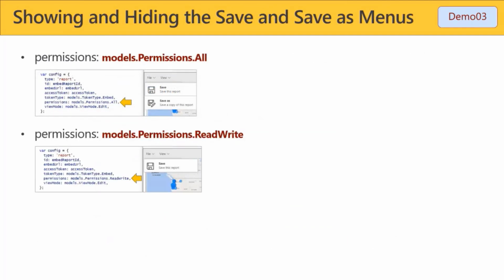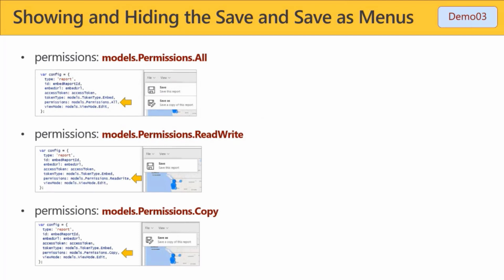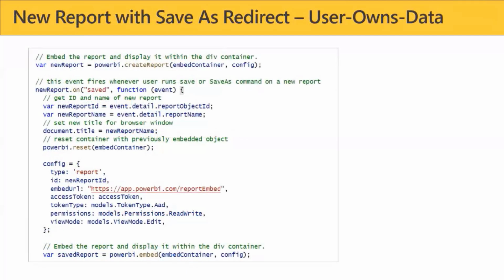Now, people also ask about my report: when I drop it down, I want them to save, but not save as, or vice versa. Just by setting your permissions in the report configuration determines whether they'll have save and or save as operations. Now, another thing we have to worry about is the save as redirect.